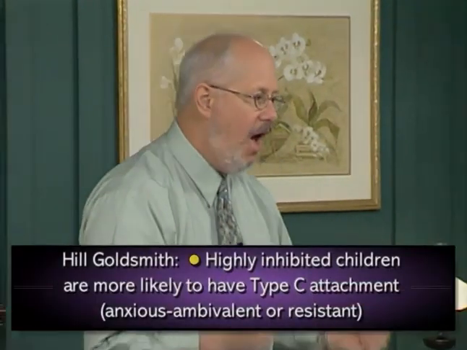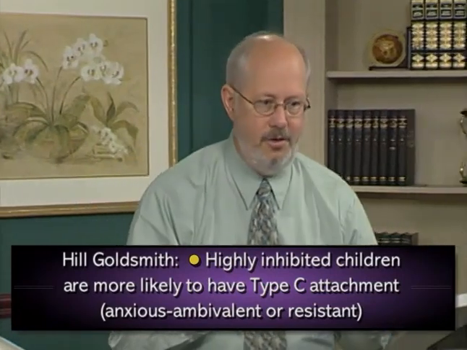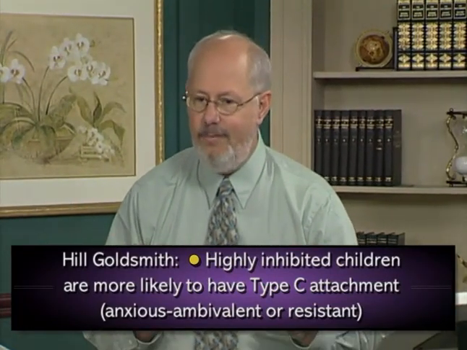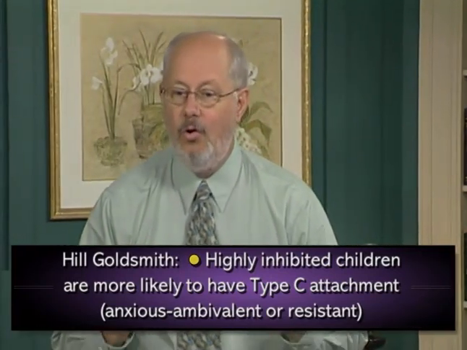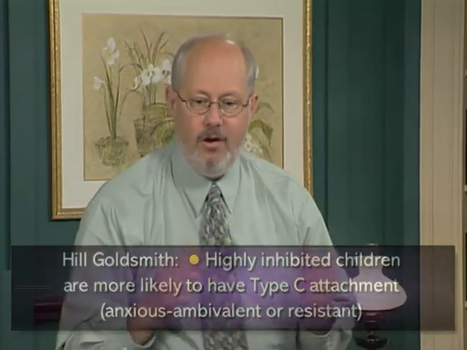Hill Goldsmith and others have taken this information and looked at attachment styles, and they have found that highly inhibited children are more likely to have the type C attachment style of being anxious, ambivalent, or resistant. For example, these children show more separation distress and stronger stranger fears than most other children. They have more difficult times with changes in the environment.